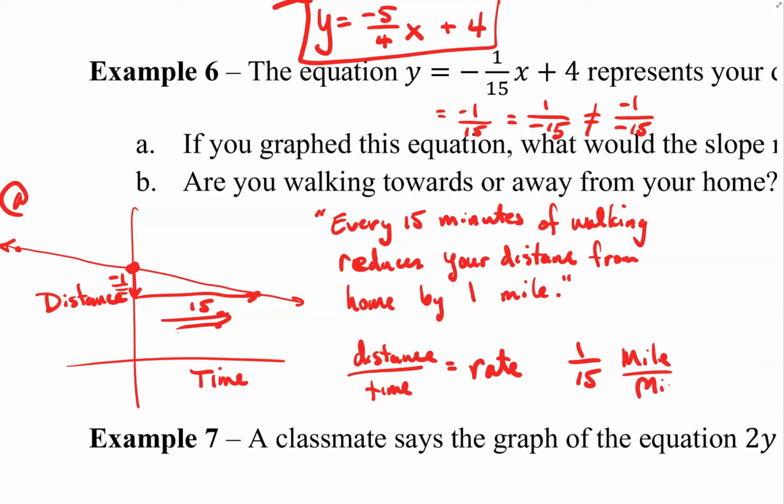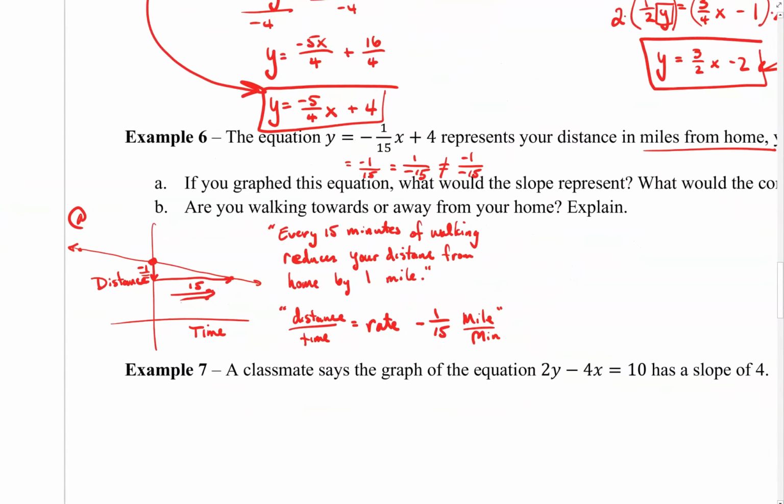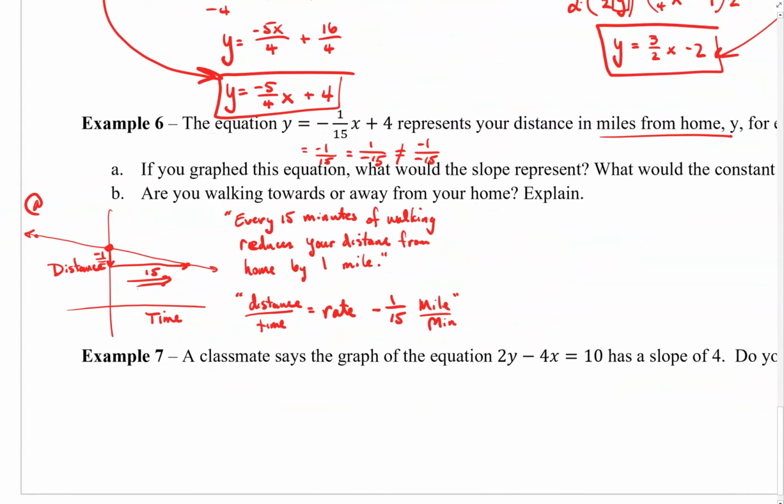I think that would be an acceptable description of this slope as well. Now, because the slope was negative, I would indicate that our rate is negative 1/15 mile per minute, and that would take a little further explanation, but if you have an understanding of that, then you're in pretty good shape.